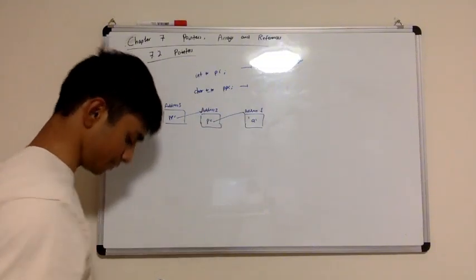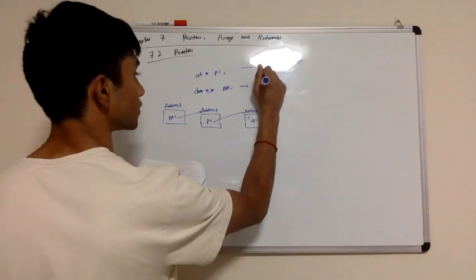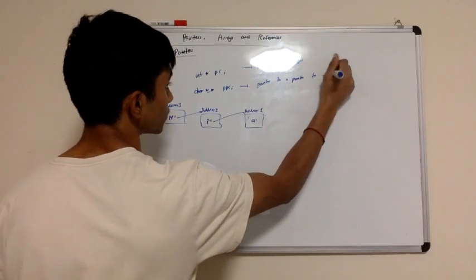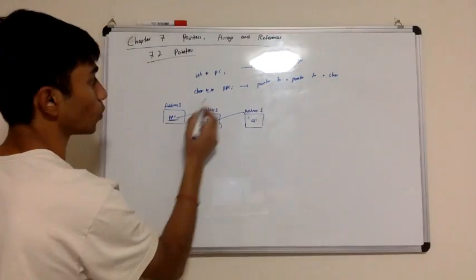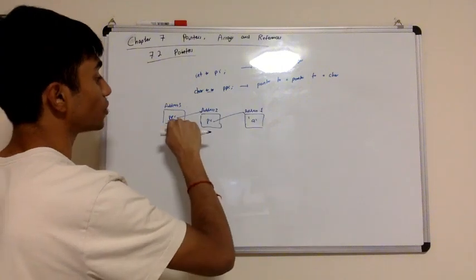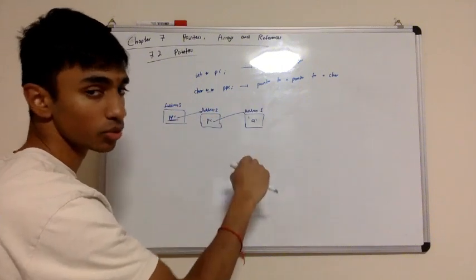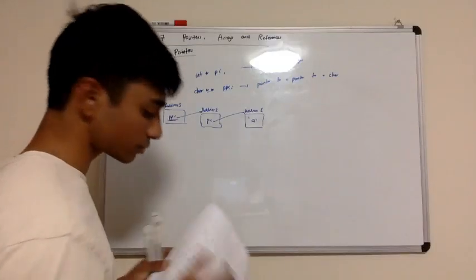So the way I've written it, it's a pointer to a pointer to a char. When you put double star like that, you're saying, I'm going to point to something that is able to point to the original value.